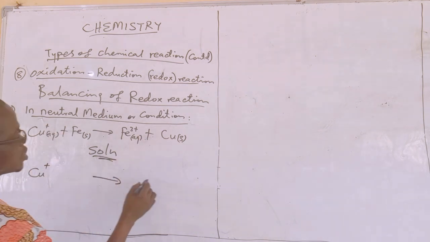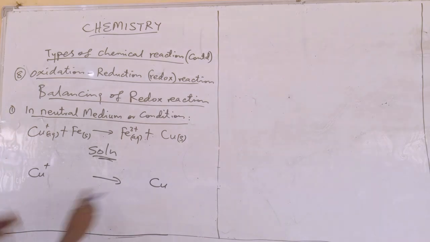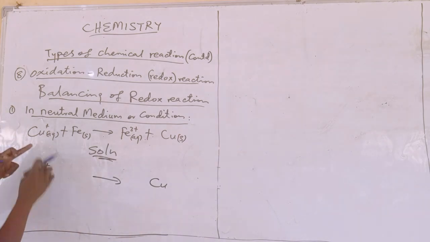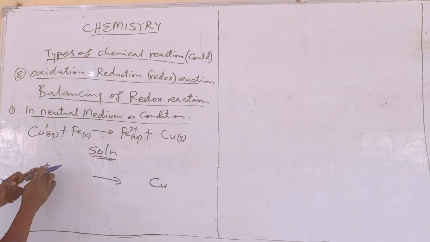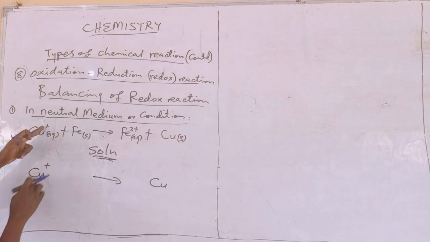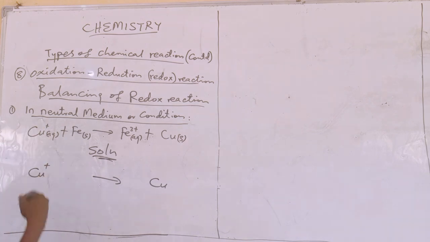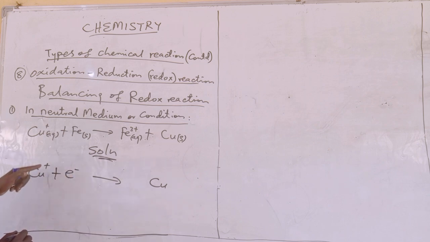That's one equation. Remember that for it to carry plus, it has given out an electron. It has given out how many electrons? Because it has 1 plus, it is 1 electron. This e minus means 1 electron.